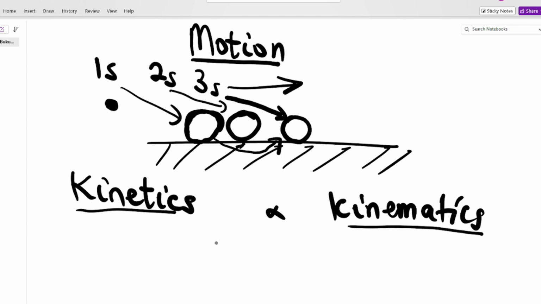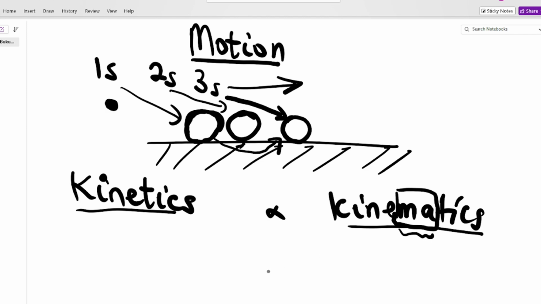The only difference between these two words is the introduction of the letters "ma". This is kinetics, and the other one is kinematics. There is only a difference of "ma" between the e and the t. So if we put "ma" inside kinetics, it becomes kinematics.